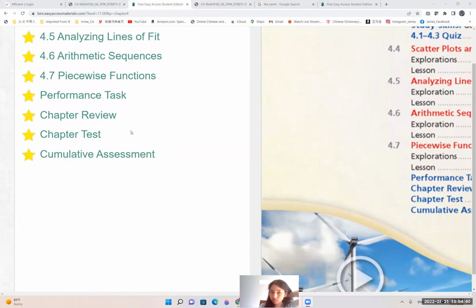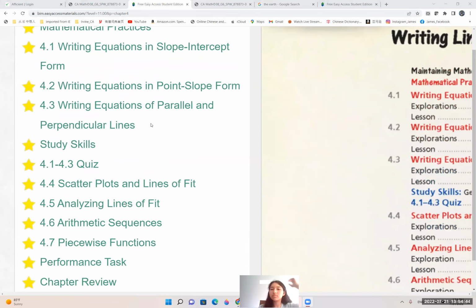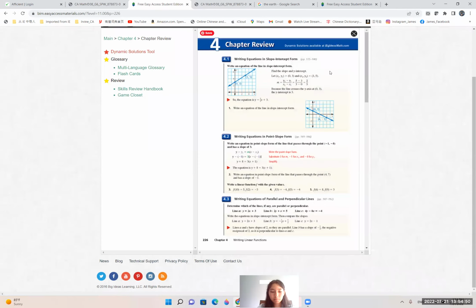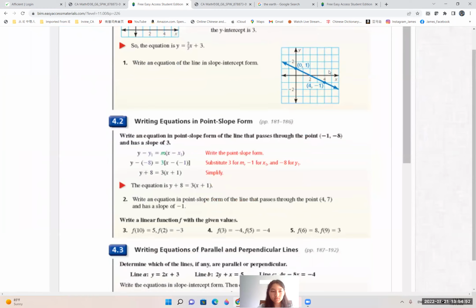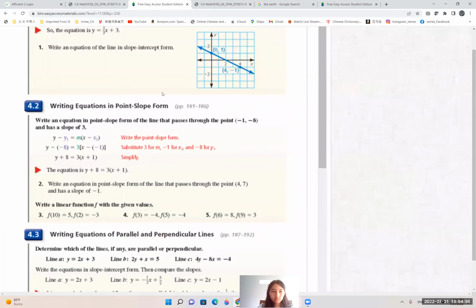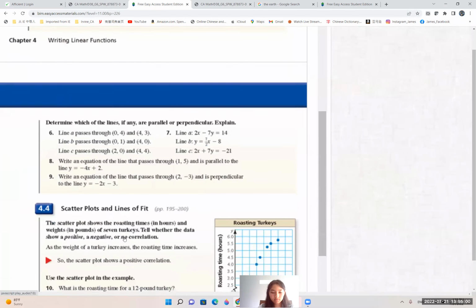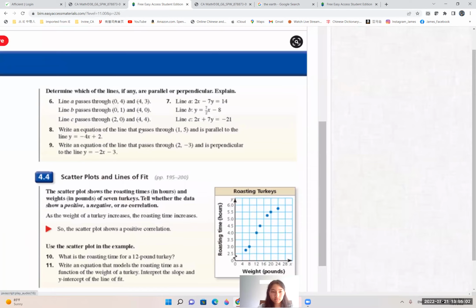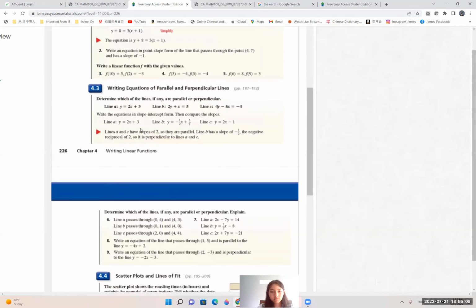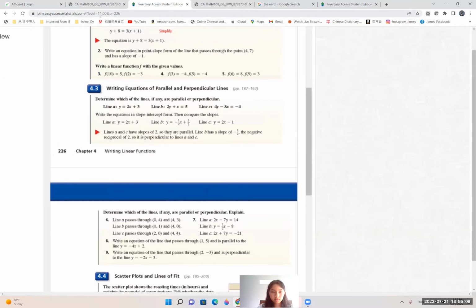So Teddy's homework last week was the chapter test of chapter 4. For your homework, you can go to the chapter review. Just go through sections 1, 2, 3. Let me write for you.